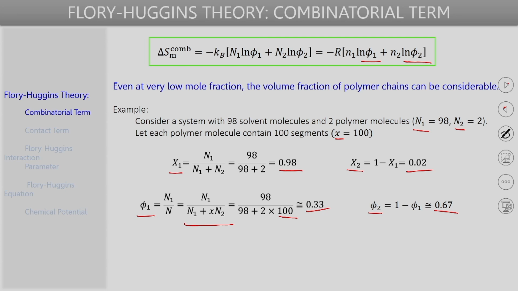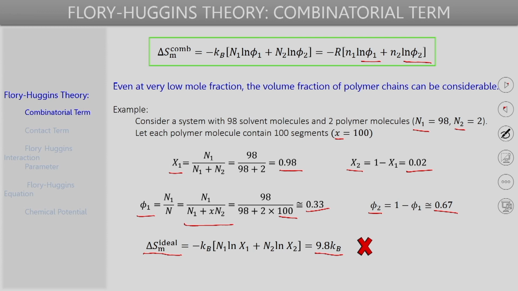And finally, let us do the calculations for ideal entropy and then the combinatorial entropy that we get from Flory-Huggins theory. For the ideal entropy case, if we do a calculation based on the equation for entropy change for an ideal solution, we get this number, 9.8 kB for this particular case, where kB is the Boltzmann constant. If we use this calculation for a polymer solution, it will give an incorrect result.